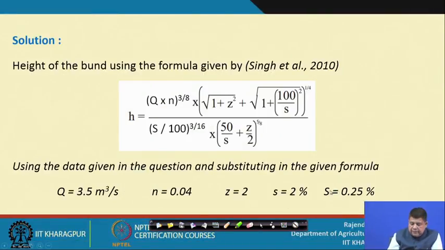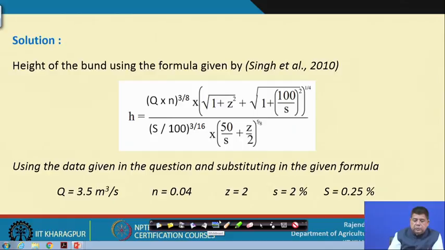So, in this case we can straight away use the height of the bund formula, which we almost derived using this research paper. Here H is a function of Q, N, Z and two slopes, capital S and small s. Remember, capital S is the channel bed slope, and small s is the land slope.